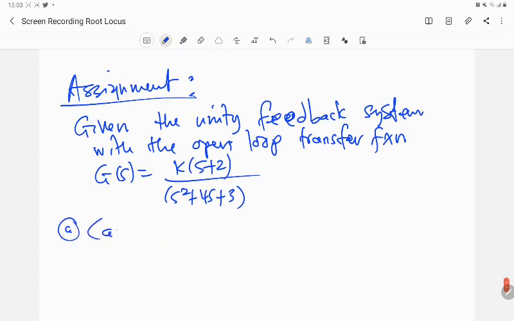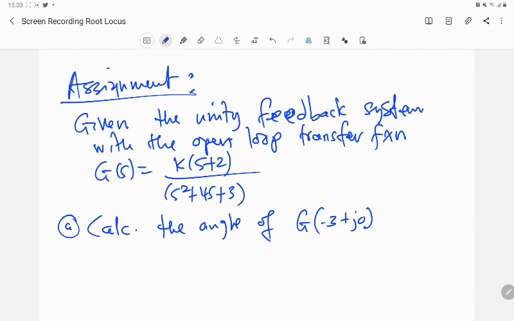A, you are to calculate the angle of G of minus 3 plus j0.